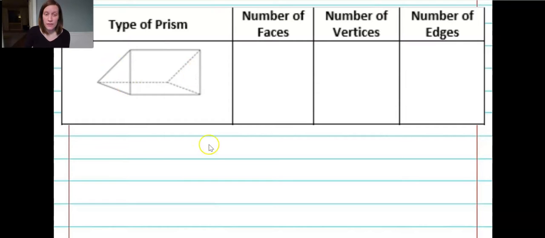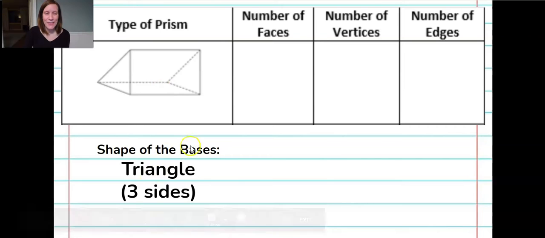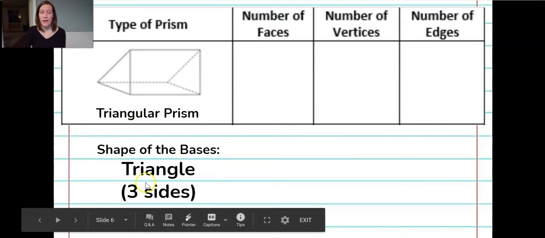Because I see the two triangles, I see that the bases are a triangle, which has three sides. I know this is a triangular prism. So you should be writing triangular prism right here on your chart. We are going to use that triangle and the three sides to help us figure out how many faces, vertices, and edges.